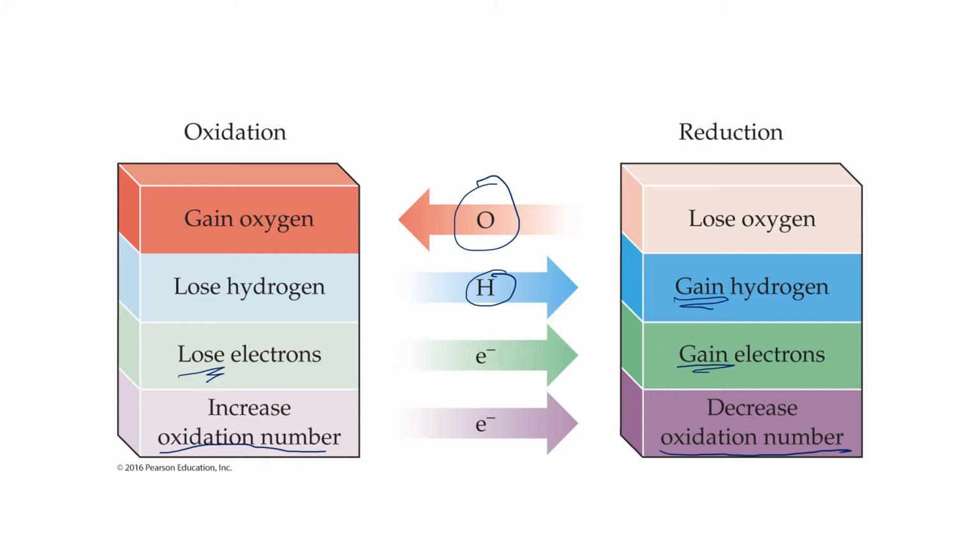And then if that oxidation number increases, we're going to call that an oxidation reaction. But if the oxidation number decreases, we're going to call that a reduction. And that's actually how I usually remember that one. If the oxidation number is reduced, I usually use the term reduced instead of decreased. If you reduce the oxidation number, it's a reduction.